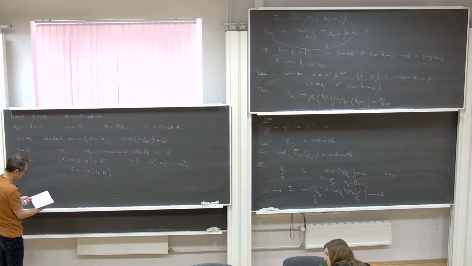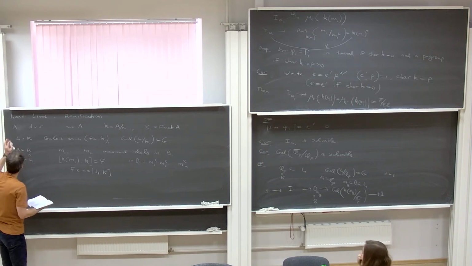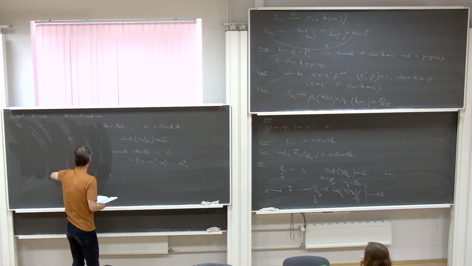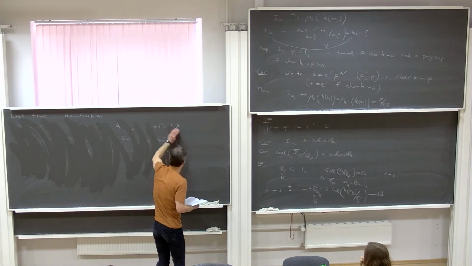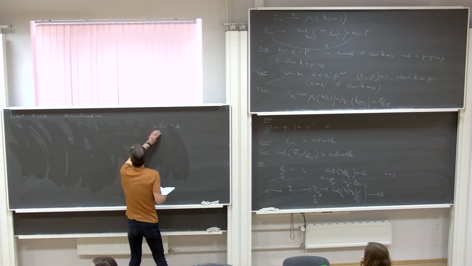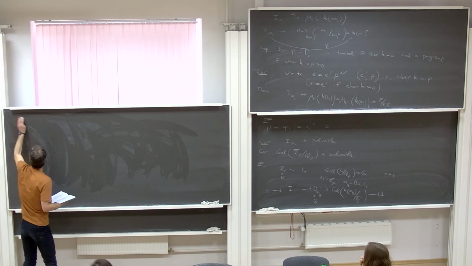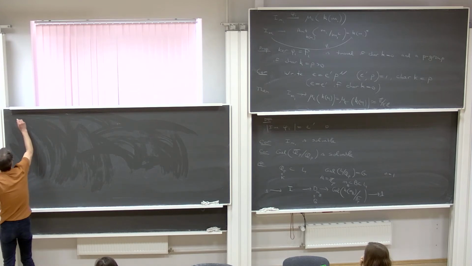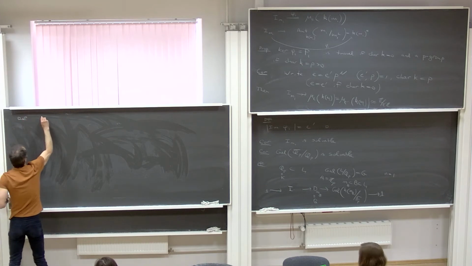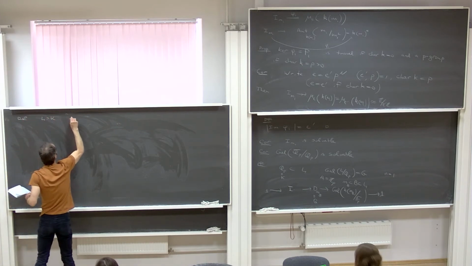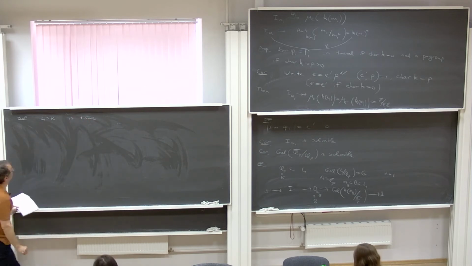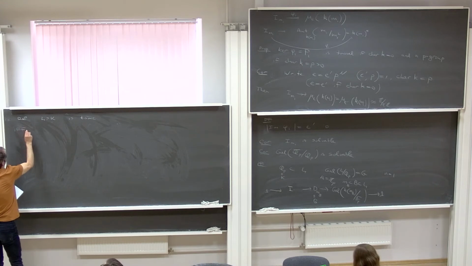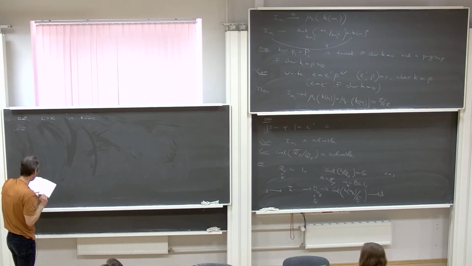So here is a definition. We will say that a Galois extension is tame if one of three equivalent conditions holds.